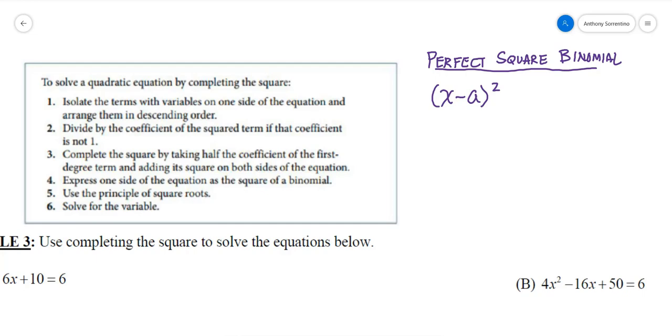Well, if I write this out by foiling it, I would get x squared minus ax plus a squared, which is x squared minus 2ax plus a squared.